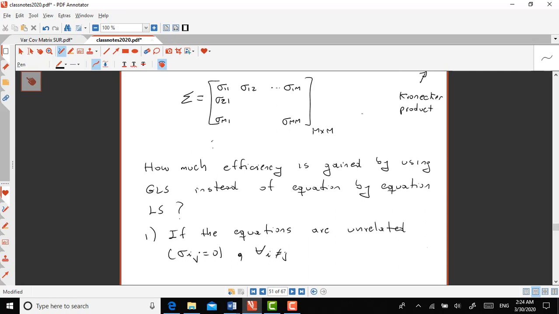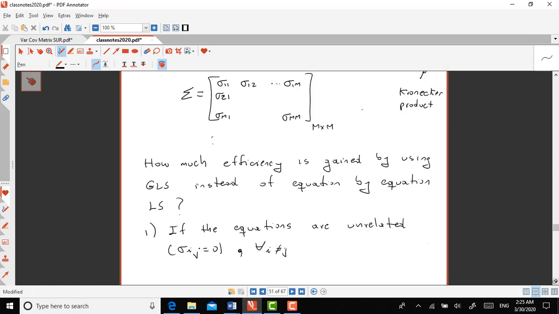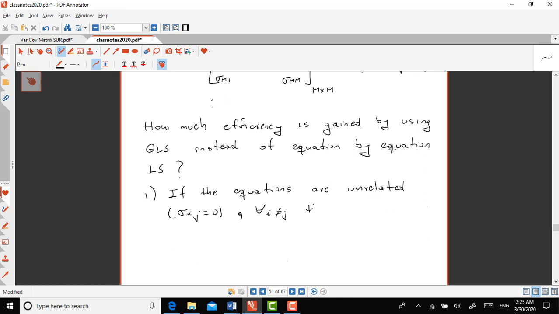The diagonal elements correspond to the variances, and those cannot be 0. Then there is no gain in using GLS.